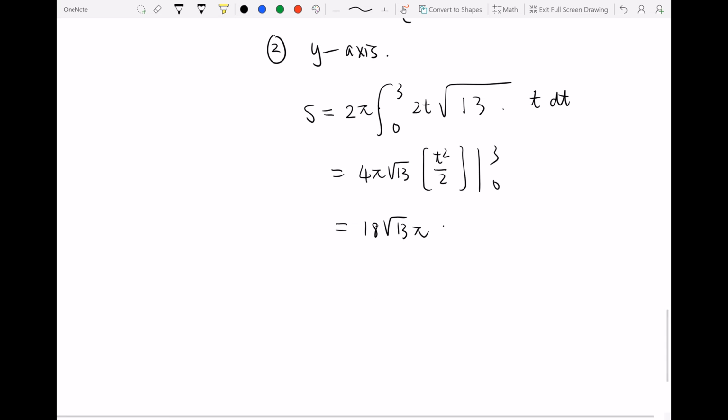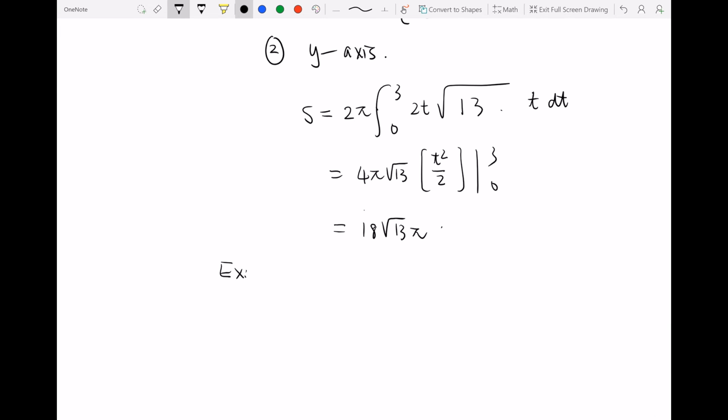Okay. So next we can try a special one, see what we got. If x equals 5 cosine theta, y equals 5 sine theta, okay, we revolve it, so 0 less than or equal to theta, less than or equal to pi over 2, and then we revolve it with respect to the y-axis.